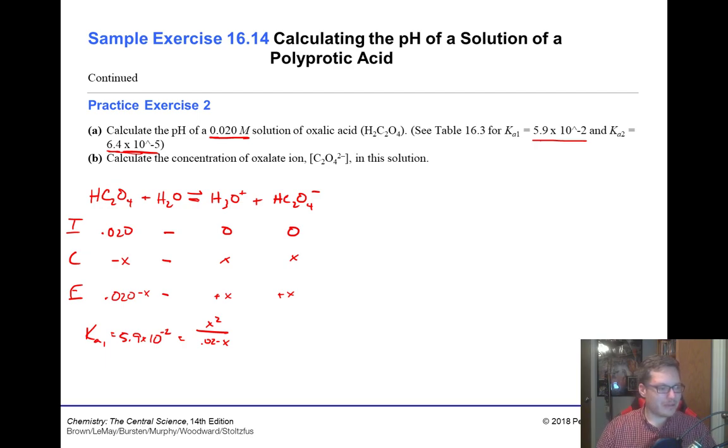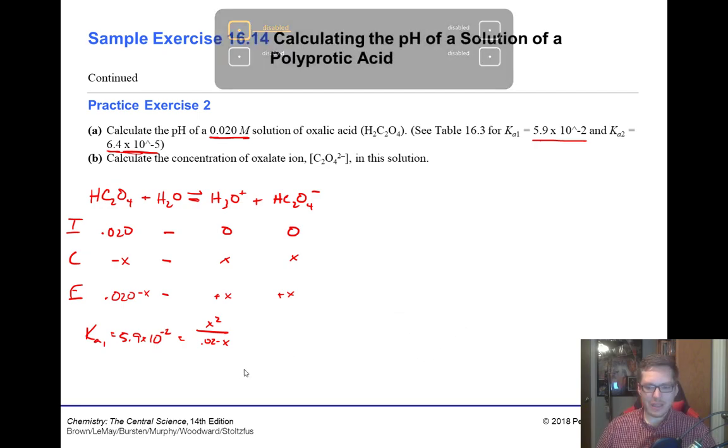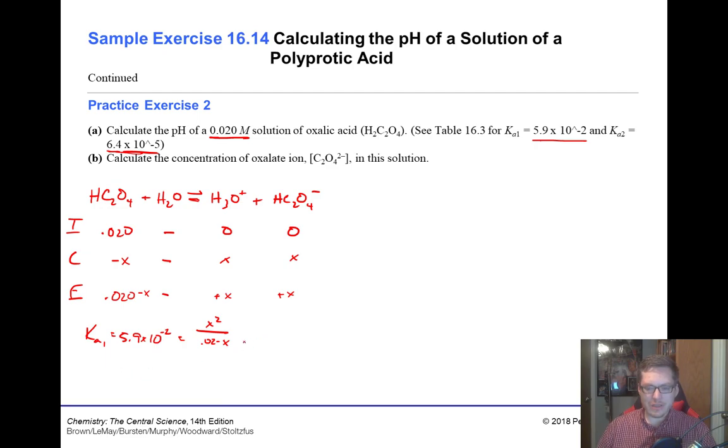All right, so we got two x values. One is negative, one is positive. Obviously the negative value doesn't do anything for us, so we're just going to skip to the chase here. Our x value would have to be equal to 0.0158. Now we have to ask ourselves, well, does this work just for our pH value?